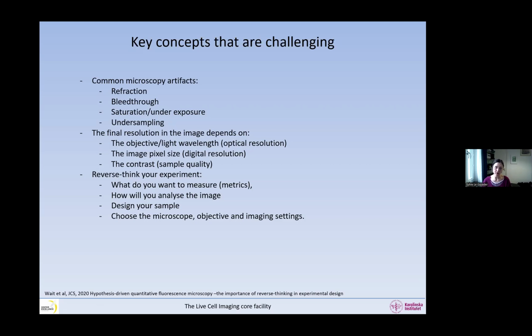First you think about what you want to measure. These are the metrics of your experiment. What you want to measure, and then you decide how you're going to analyze, and then you design your sample. You choose the microscope, the objective, the imaging settings, and you run the experiment, and then you learn at each step, and then you go again and do one more iteration. And this is the way you run your experiment, not the other way around.